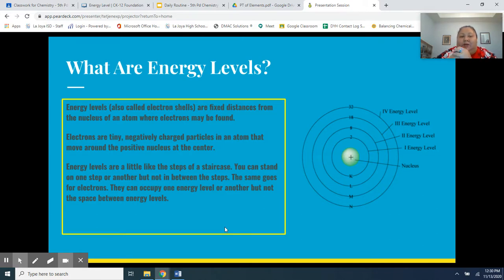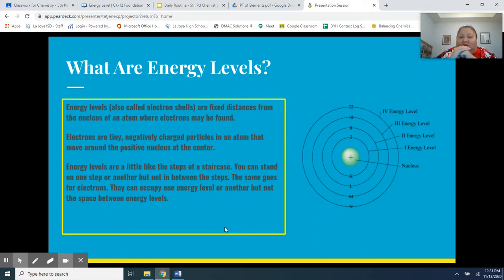You have to remember, electrons are very small. They're tiny, negatively charged particles in an atom, and they move around the positive nucleus at the center of the atom. Energy levels are like steps on a staircase. You can stand on one step, or you can stand on the next step, but you can never stand in between.